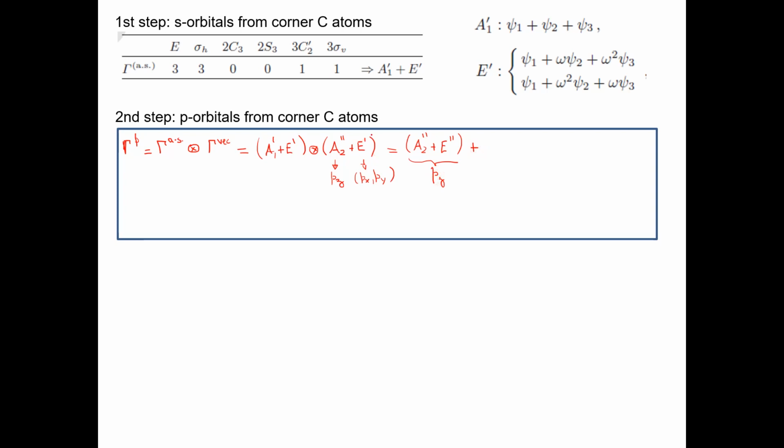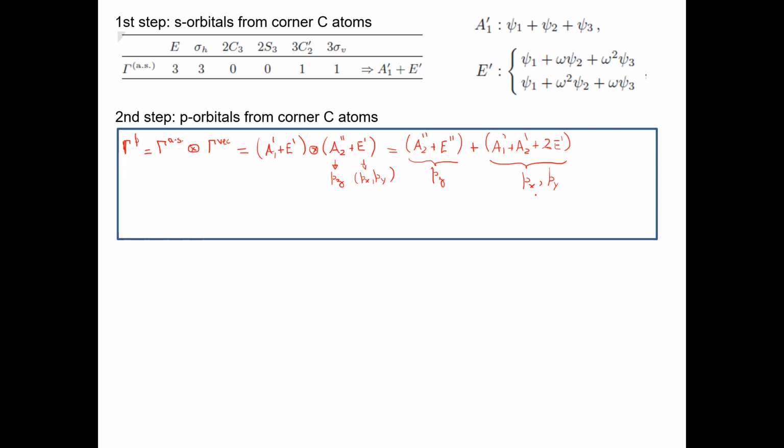And when I make the direct product of E prime with the equivalence representation, and after decomposing it, what I get is A1 prime plus A2 prime plus twice E prime. So this should come from px py. So these are the different combinations of p orbitals from the corner carbon atoms.